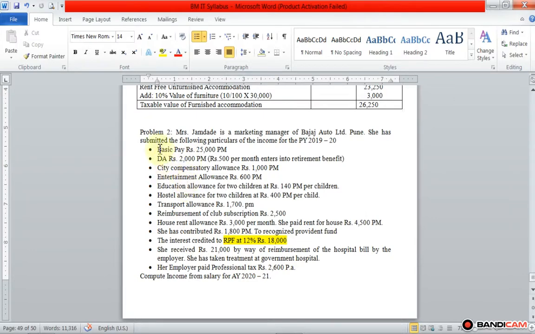So first of all, basic salary, the whole amount is taxable. DA is also taxable. Then city compensatory allowance, the whole of the city compensatory allowance is taxable.